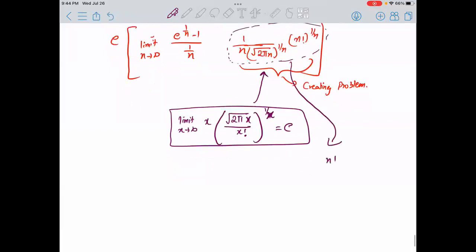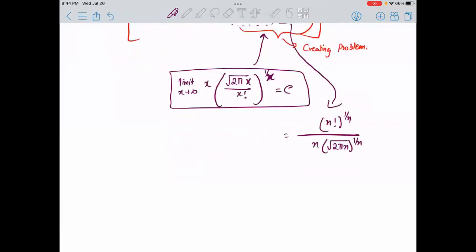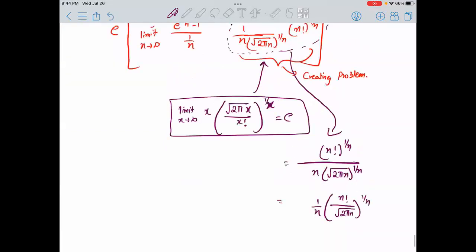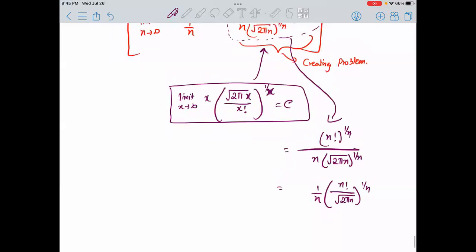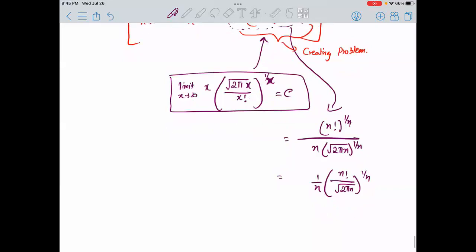n factorial whole power 1 by n divided by n into root 2 by n whole power 1 by n. So 1 by n is common. So n factorial divided by root of 2 by n whole power 1 by n into 1 by n. Agree? Till now, everyone agree? Yes, sir. Now, look at this formula, completely reverse of this.